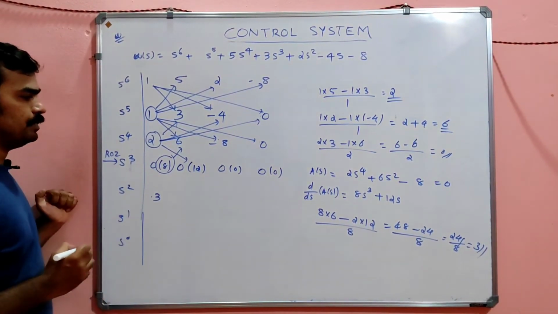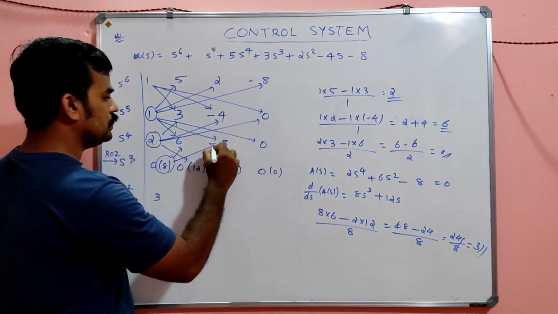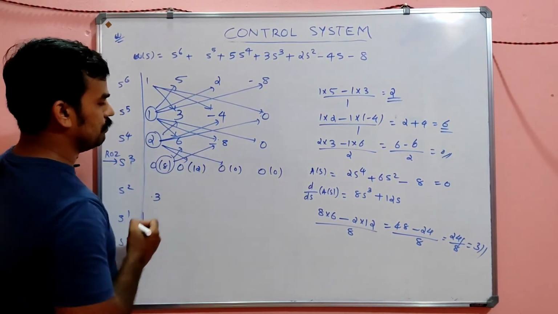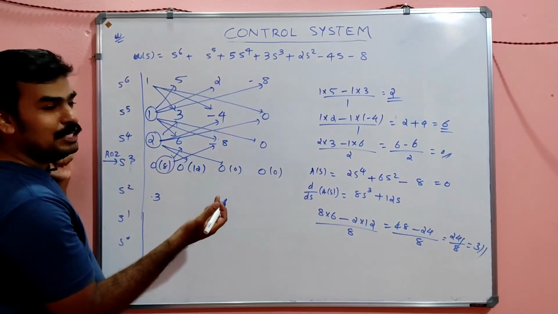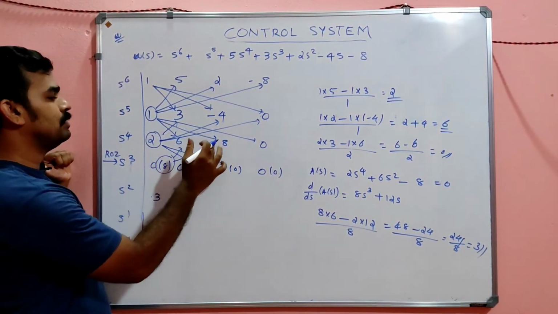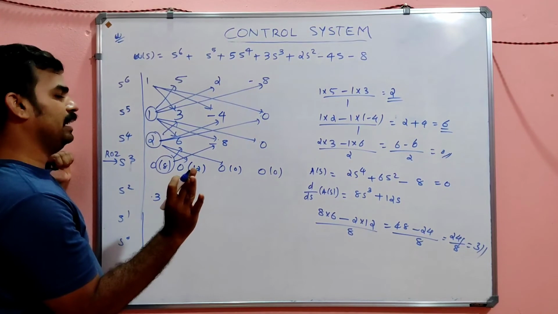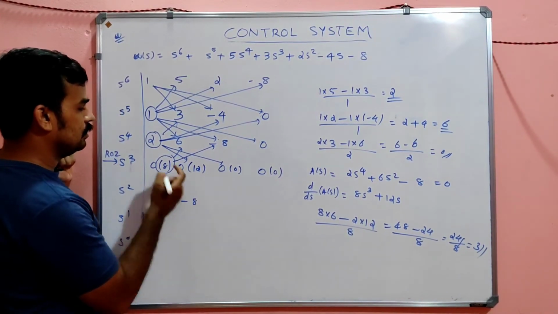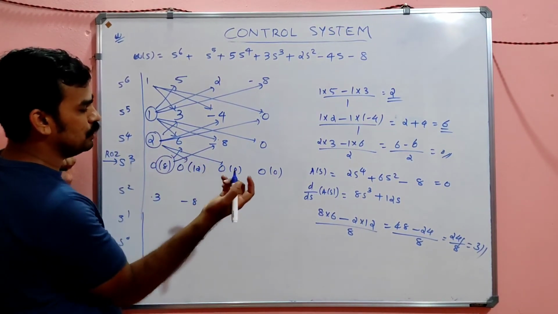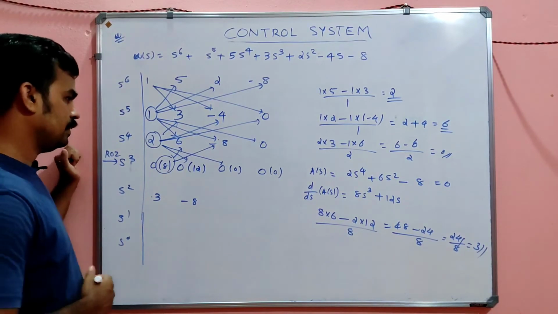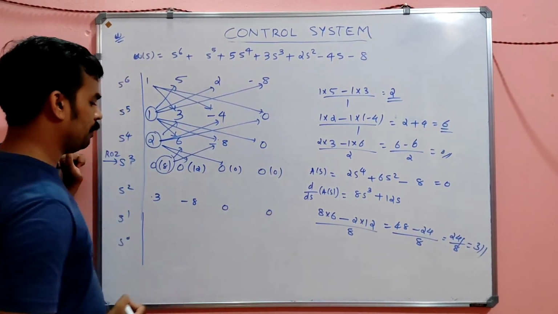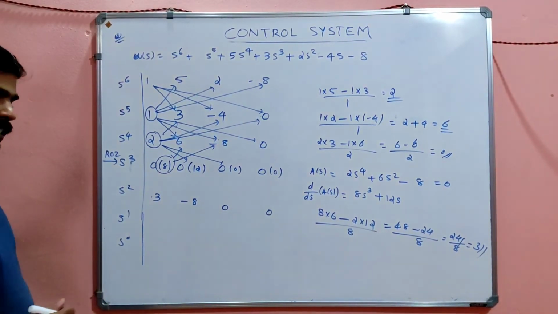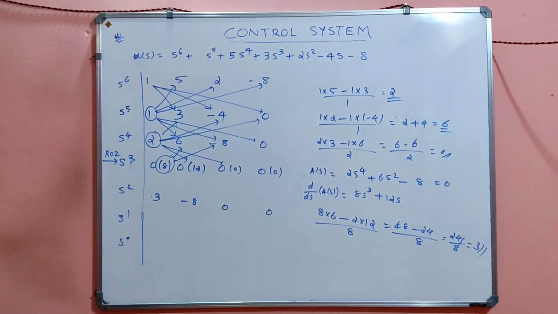So this row, first element 3. And for the next element, this into this minus this into this, my dear. So this into this means 8 into minus 8 divided by 8. What is that? Minus 8. Because this into this minus this into 0, no need to focus on that. And for the remaining, again 0. So you got the s square row also, right? S square: 3, minus 8, 0, 0.